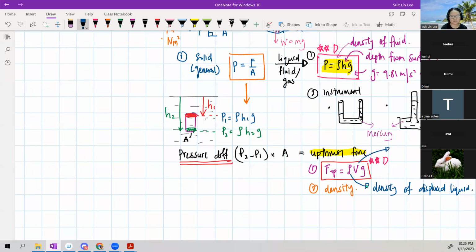Then this volume is the volume of liquid displaced. My focus is on how much water level rises. I don't care about everything else, because this equation actually has roots in this equation. So if density of fluid is here, density of the fluid is also here. It's the same thing, okay?